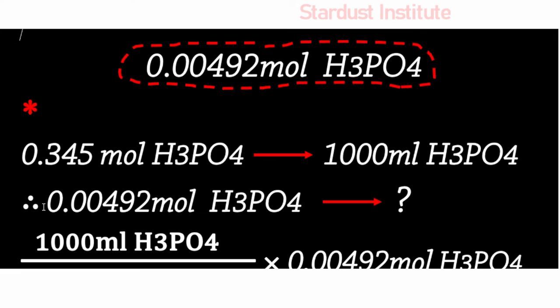Therefore, 0.00492 moles of phosphoric acid are in how many milliliters of phosphoric acid solution?